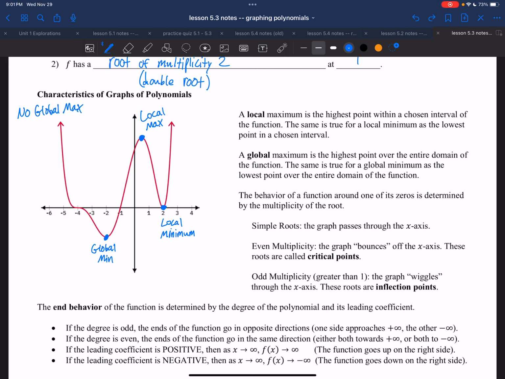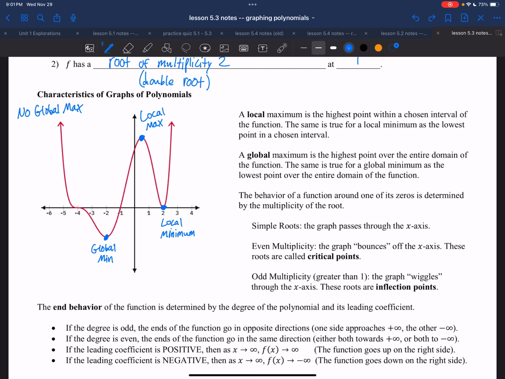Depending on the root's multiplicity, the graph will behave differently around that root. If you think about a parent function to the power of the multiplicity, it's going to behave like that around the root.